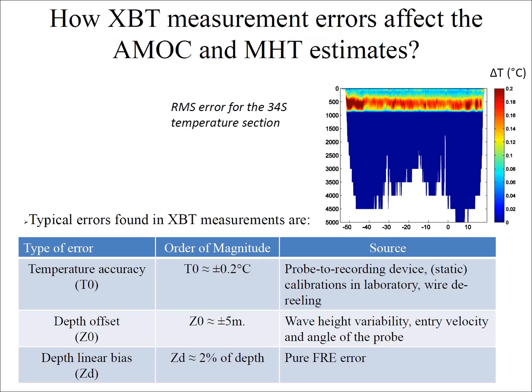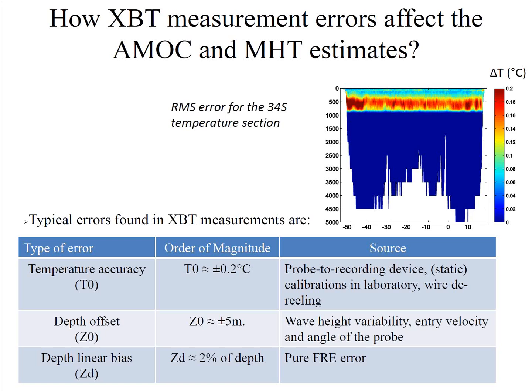And the last part here, I'll try to go quickly. This is how the XBT measurement errors affect this estimate. We know that the XBT doesn't measure depth directly, so it estimates the depth from an equation depending on the time of the descent.